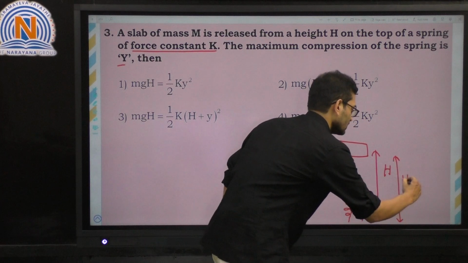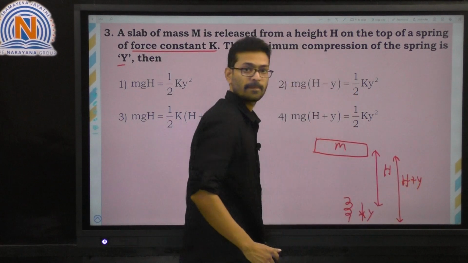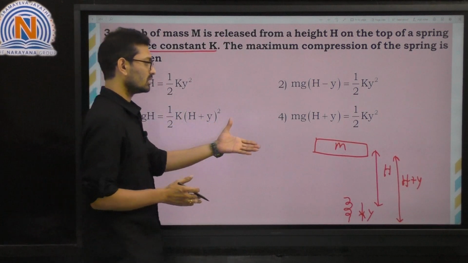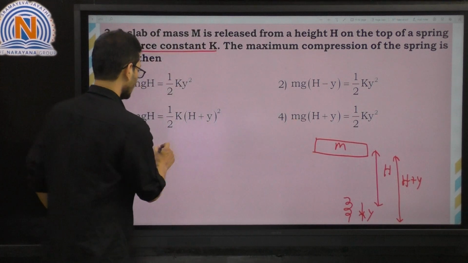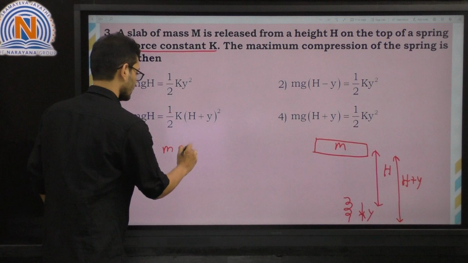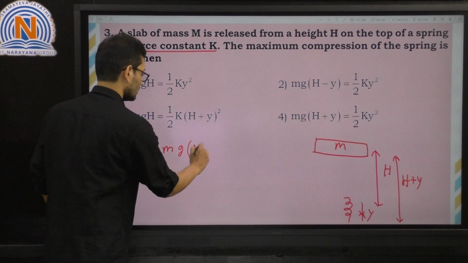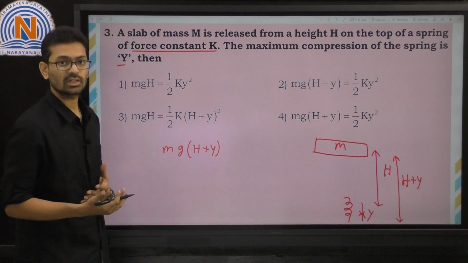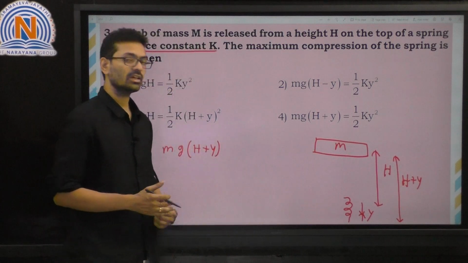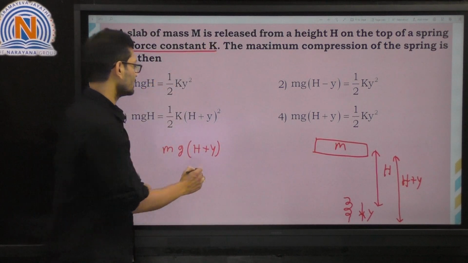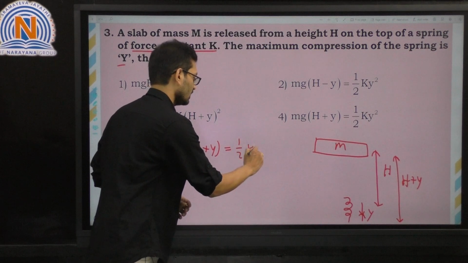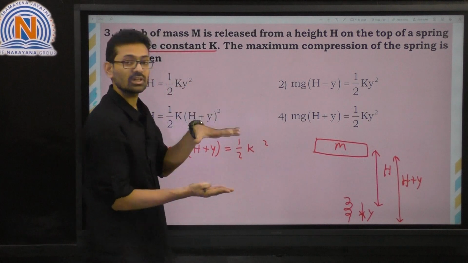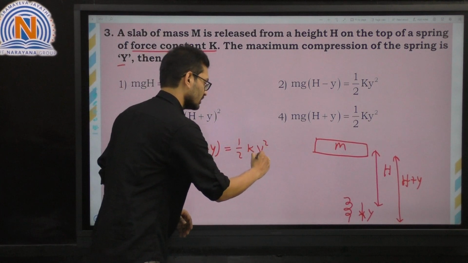Now when you take the total distance as h plus y, your potential energy is going to be mg times (h plus y). This amount of energy is equal to the work done. The work done by the spring with spring constant k is half k x square. Sorry, it is y square, because the distance by which it got compressed is y.